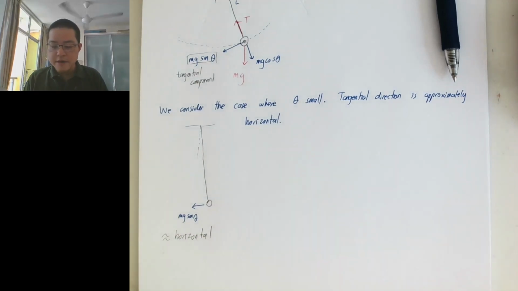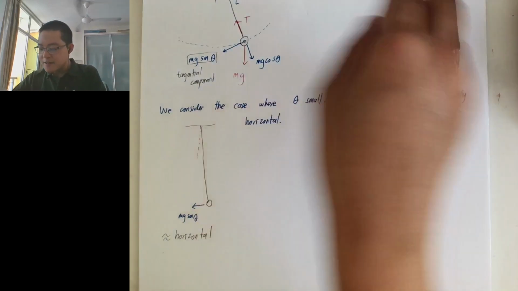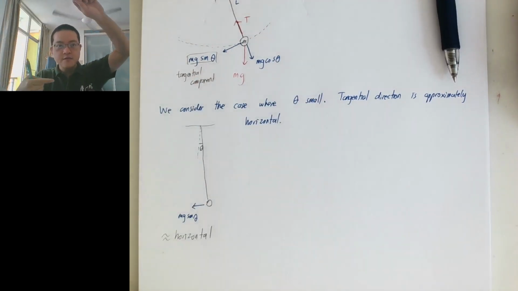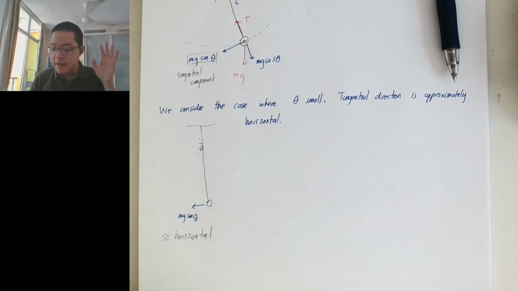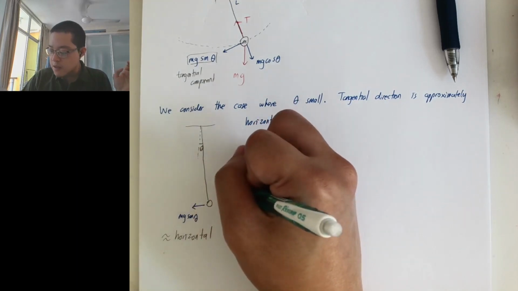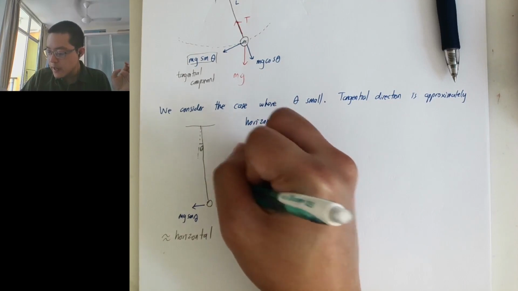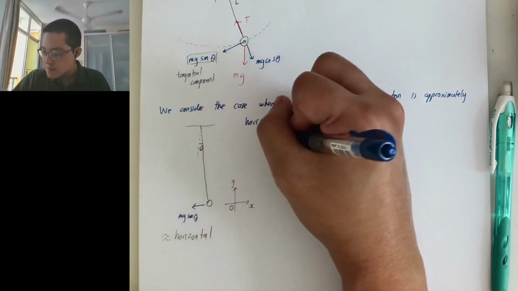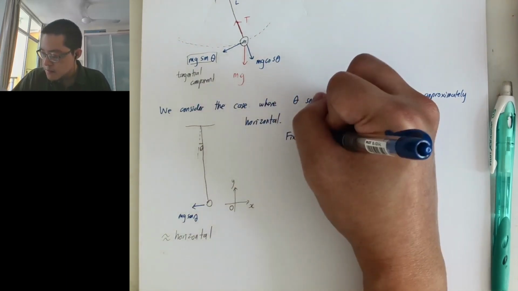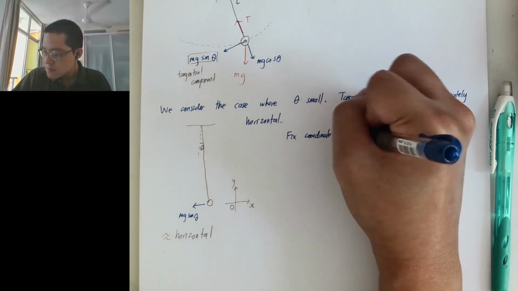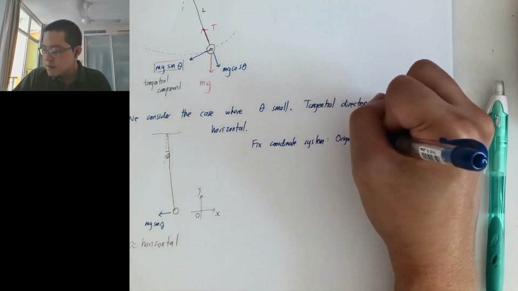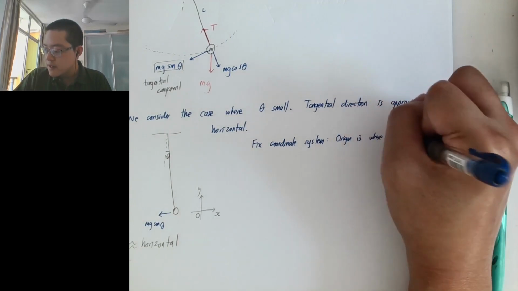Everyone agrees, right? No objection, because if theta is small and the pendulum is almost vertical, then the tangential component is tangent to the circle, so near the bottom it is mostly horizontal. If it's approximately horizontal, then I will take the coordinate system to be x and y, with the origin where theta equals 0.